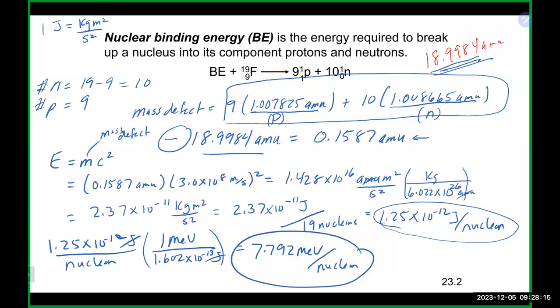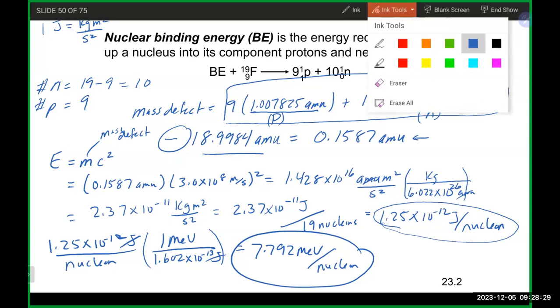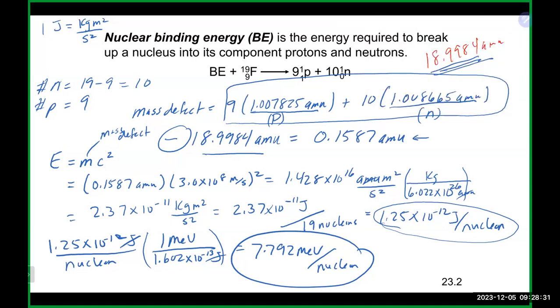First off, any questions on that? So this is the way you could do it if you wanted to use Einstein's equation. If you frankly did not want to use Einstein's equation, which maybe you don't, you could just use those conversions that we saw on the previous page.